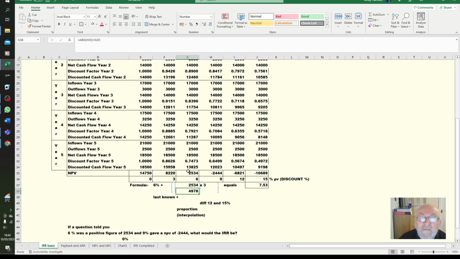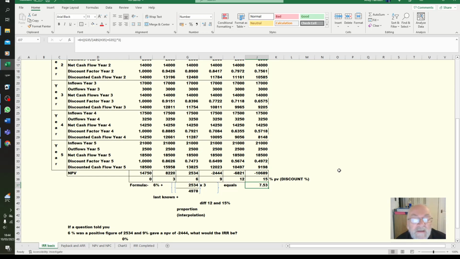So I've done 2534 divided by 4978, and then I've times it by 3 because the difference between 6 and 9 is 3. And then when I do the formula in full glory, lots of brackets, an abs formula in as well to turn the minus 2444 into 2444. It works out pretty much what we expected, 7.53.